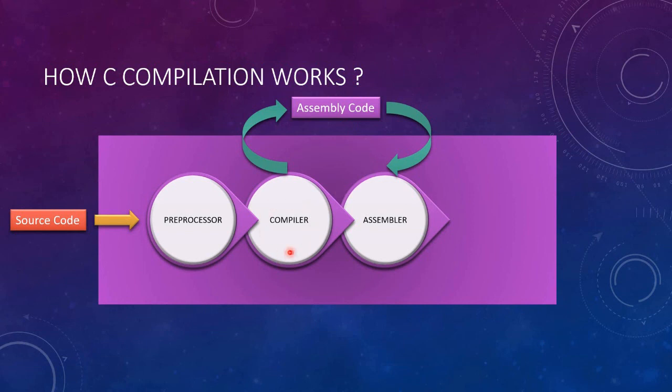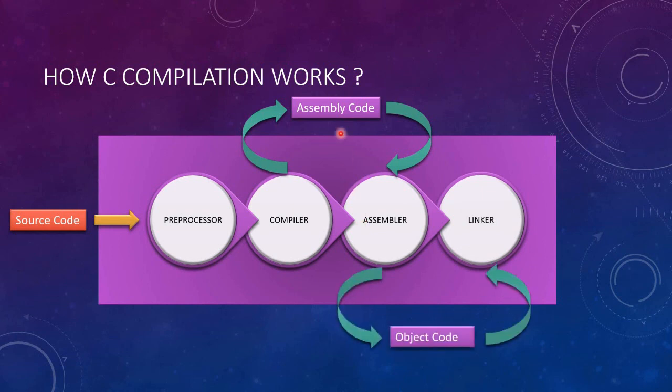The compiler will convert the source code into assembly code, then send it to the assembler. The assembler will convert the assembly code into object code, then it is sent to the linker. The linker will link the code with library files.